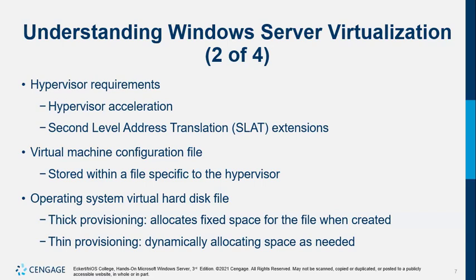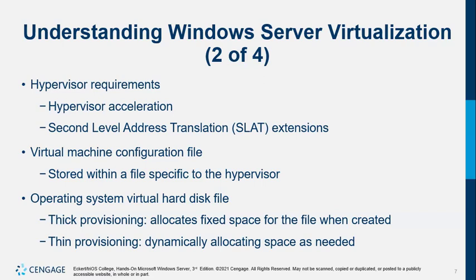Virtual machines will have a configuration file. The type of virtualization that you use is going to be dependent on where that file is stored. And then there is also a virtual hard disk file that's created when you install a virtual machine. We'll get into what some of those settings are when we start installing a virtual machine.